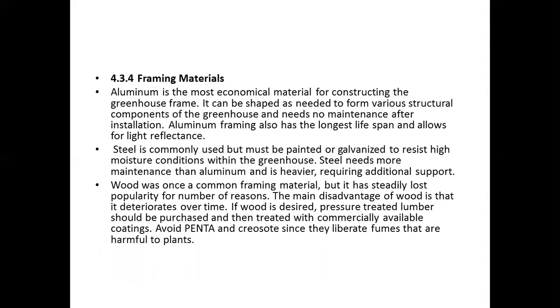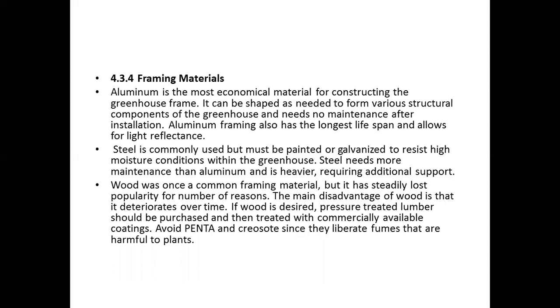So wood was once an important material that was used as a structural component for the greenhouse or polyhouse, as it needs proper maintenance, proper service, as wood is a biodegradable material. It gets decayed, or it nowadays needs to be painted.